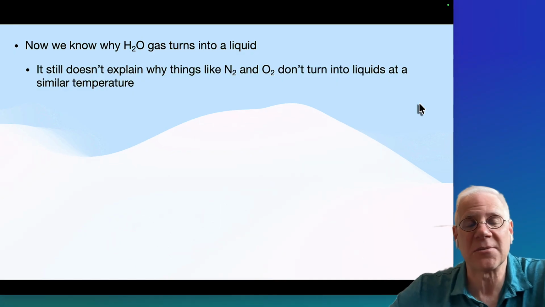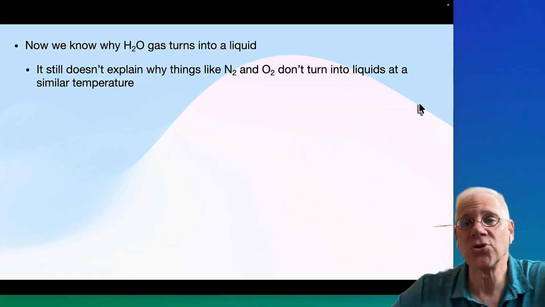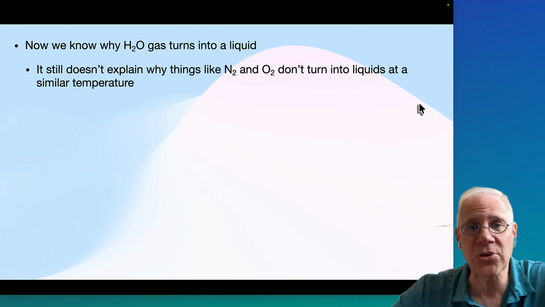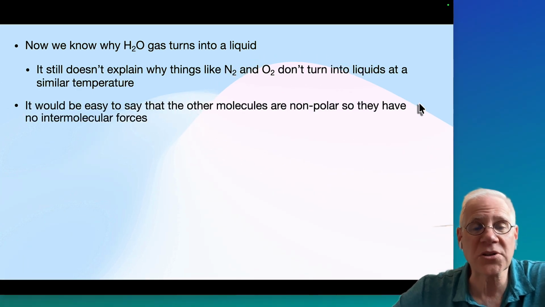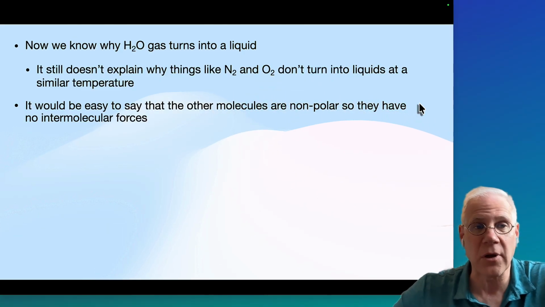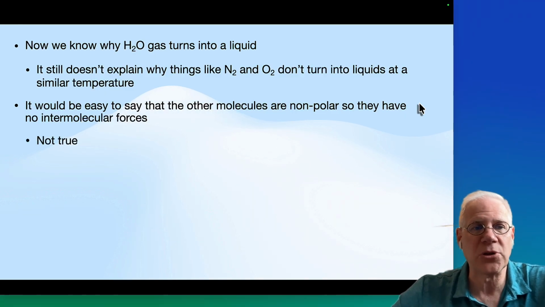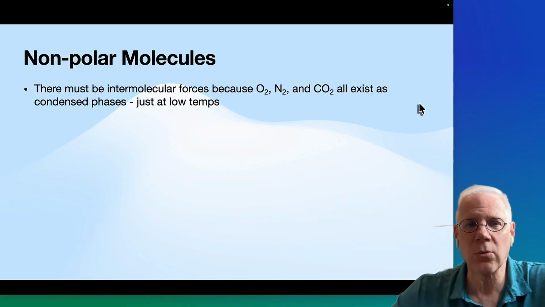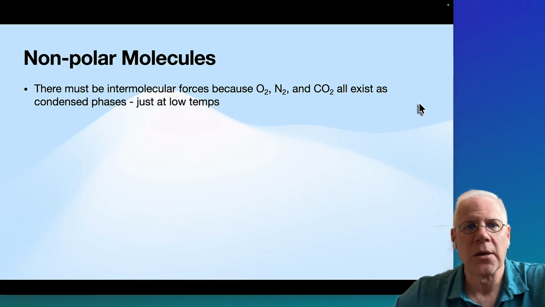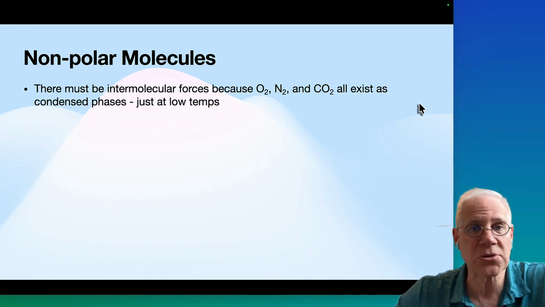But it still doesn't explain why gases like nitrogen N2 and oxygen O2 don't turn into liquids at a similar temperature. Now, we could just say, well, H2O is polar, N2 and O2 are nonpolar, so they must not have any intermolecular forces. But we know that that's not going to be true. And the reason that we know that that's not true is because we know that oxygen, nitrogen, and carbon dioxide, CO2, all exist as condensed phases, just at very low temperatures.